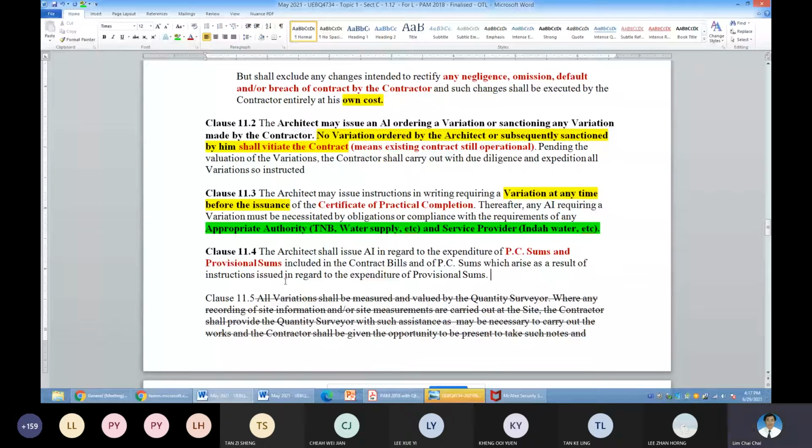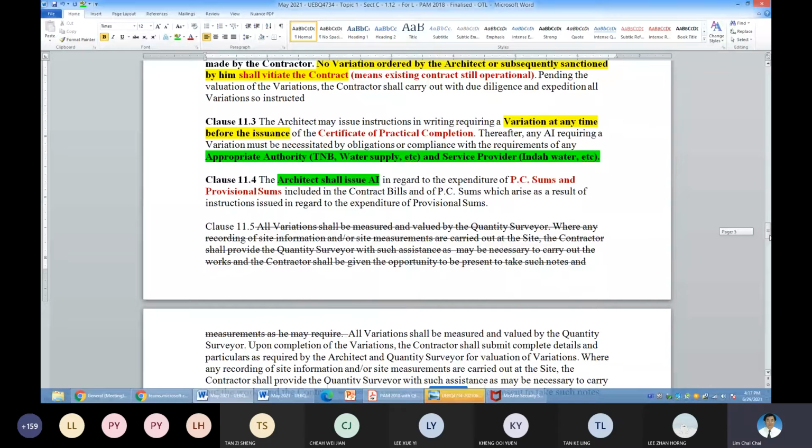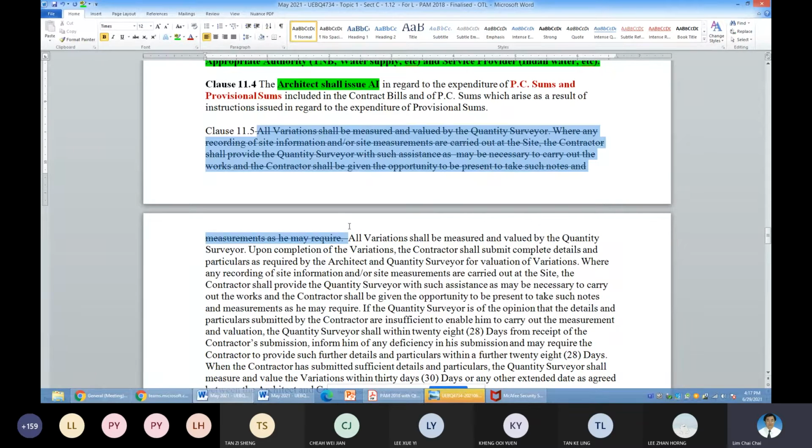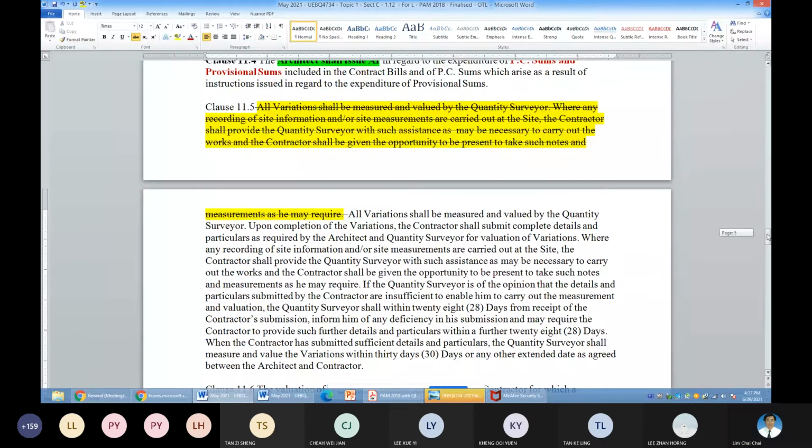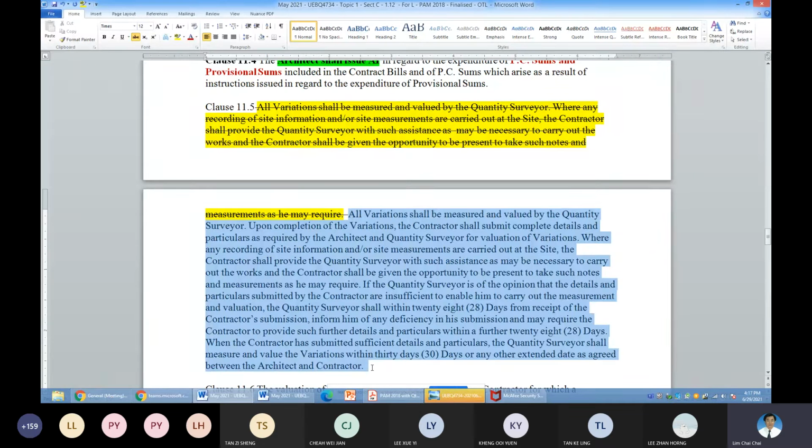So 11.5 is a big change. What you can see here is under the PAM 2006. Now you can see 2018. These are the new descriptions which modify the old clause 11.5 in relation to measurement and valuation.